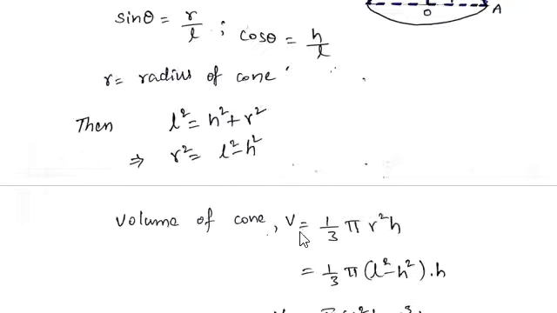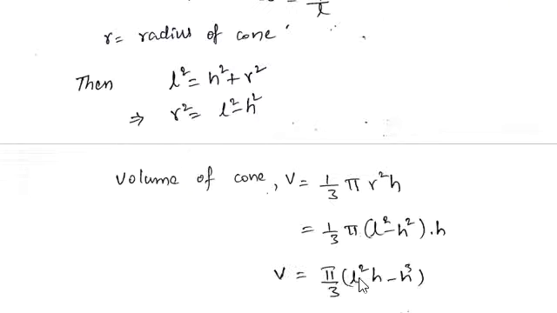We know the volume of the cone is 1/3 pi r square h, and here in the place of r square we are writing L square minus h square, because we will differentiate this volume. To get it in only one unknown, we have written r square is equal to L square minus h square.